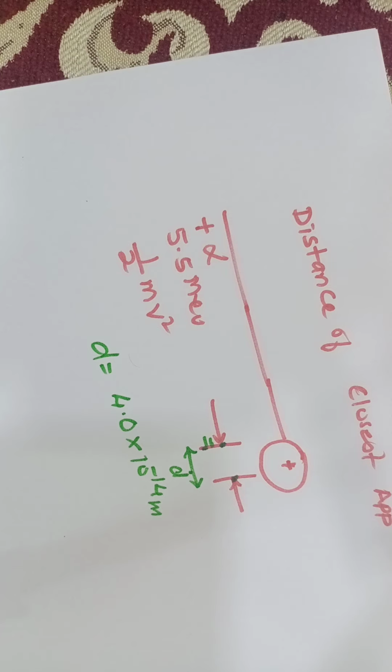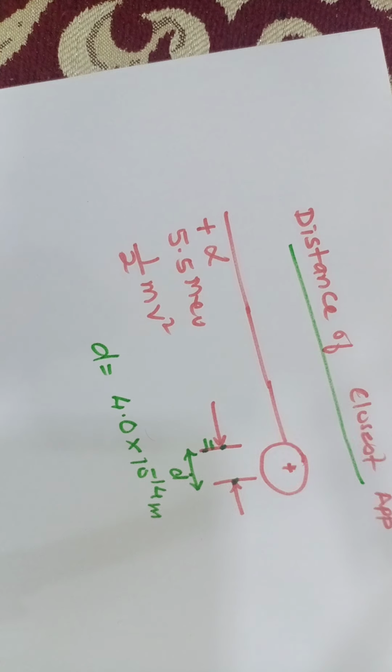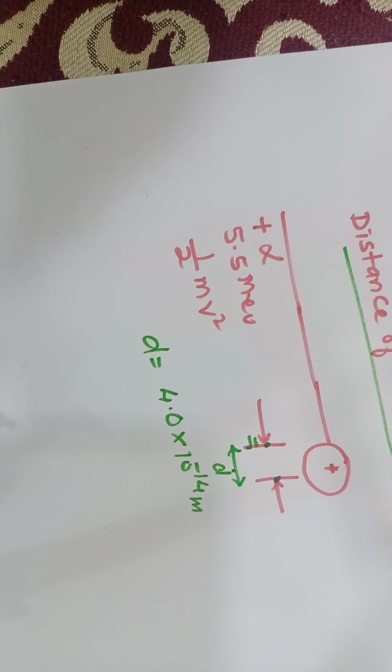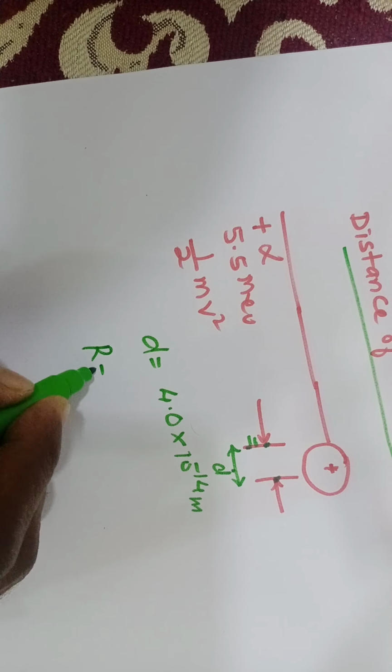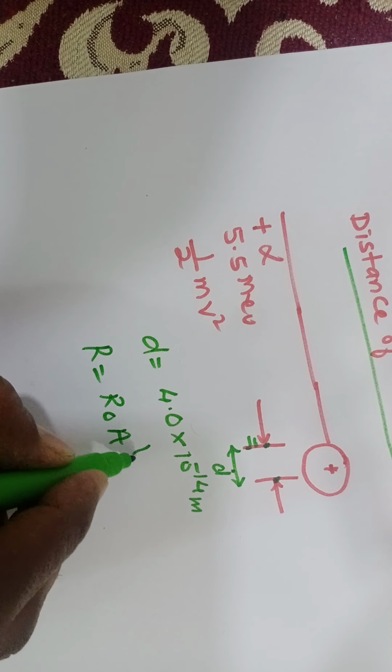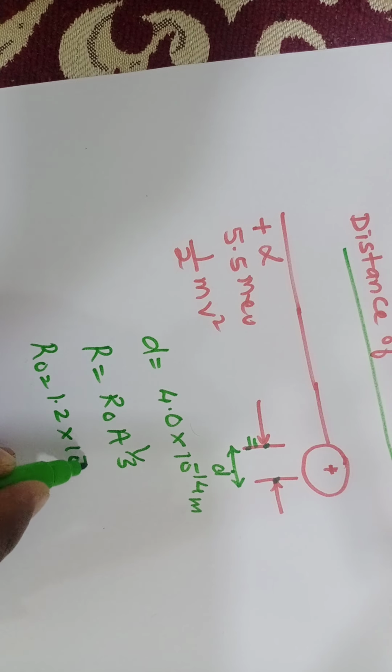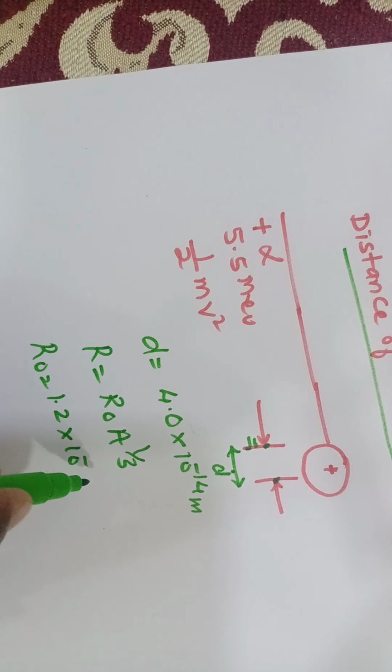And from that distance of closest approach experiment, we found the size of the nucleus, and it was found that the radius of the nucleus R equals R0 A to the power 1 by 3, where R0 is 1.2 into 10 to the power minus 15 meter.